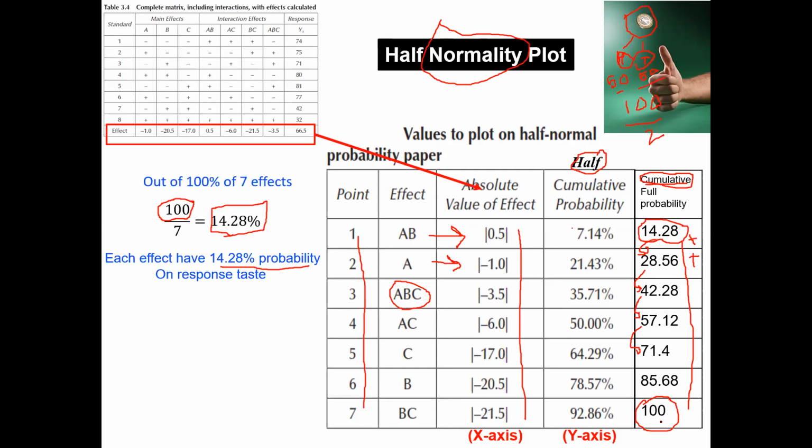At the end, it becomes 100%. Now, half of this is nothing but the half cumulative probability. 14.28 divided by 2 is 7.14. And for 14.28 to 28.56, the midpoint is 21.43. 21.56 to 42.28 is 35.71, and so on it comes.